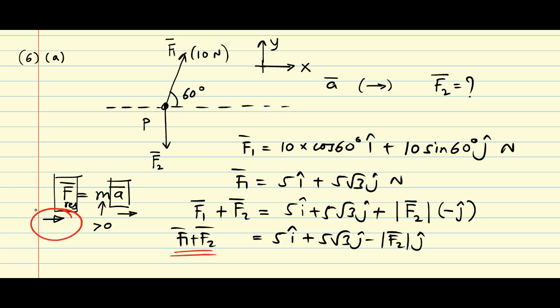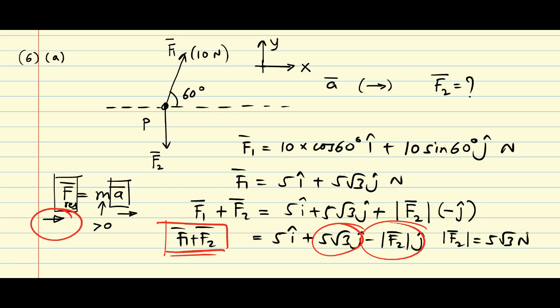Now if it's in the rightward direction, it cannot have a non-zero y component. The y component of F1 bar plus F2 bar must be equal to 0. So these two terms ought to cancel, and the only way that they can cancel is if mod F2 bar equals 5 root 3 newtons.